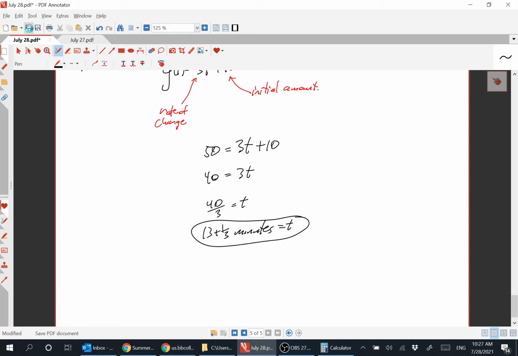All right, so linear functions with these kinds of applied problems.